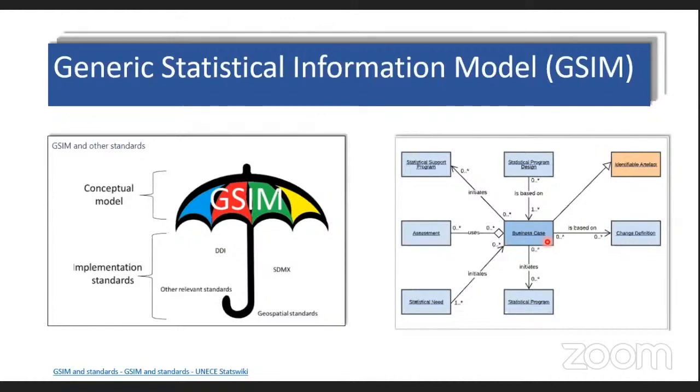A business case will initiate the statistical program design for an existing statistical program or for a new statistical program, and when we update the statistical program design, it must be based on a change definition, which will explain what changed in the design between the current statistical program and the previous statistical program.